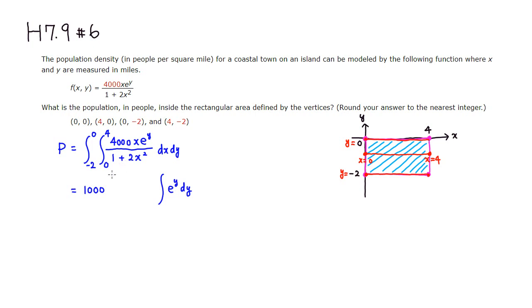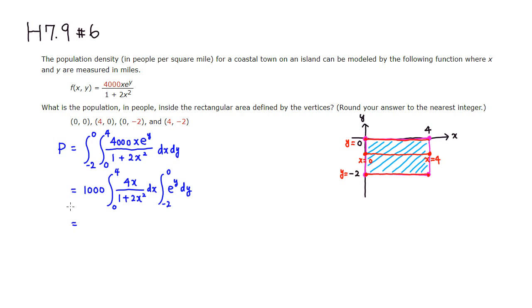The rest is, 1,000 is pulled out, you still have 4, and you still have x over 1 plus 2x squared, with respect to x, going from 0 to 4, and this one goes from -2 to 0. This has nothing to do with x, so we can completely separate x and y this way. Then we can just evaluate this.